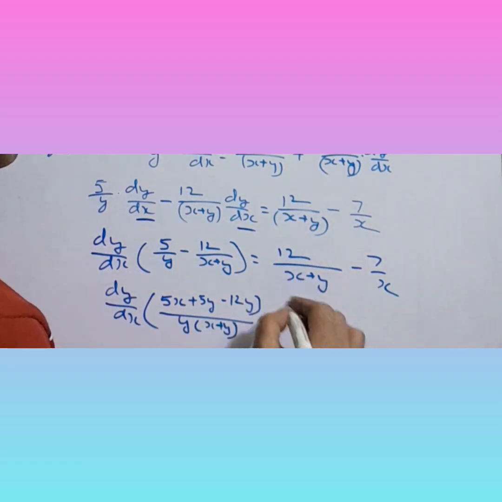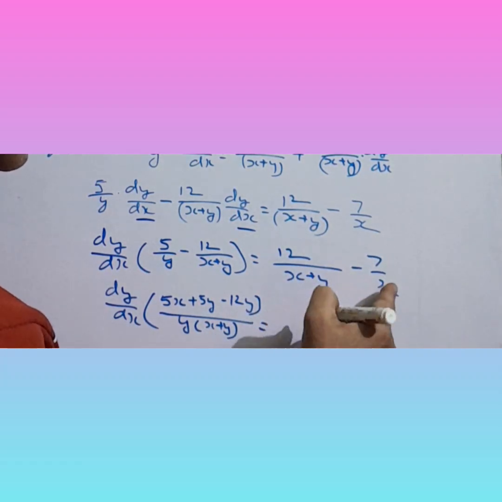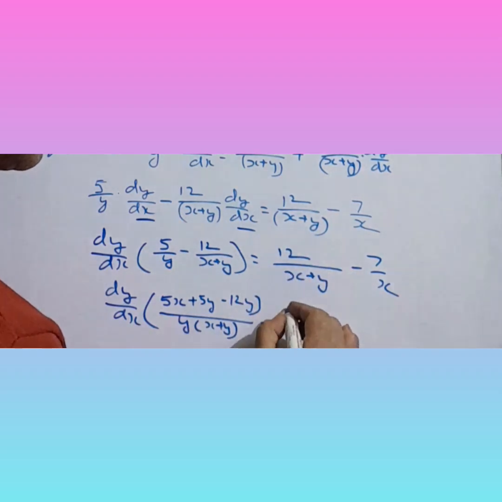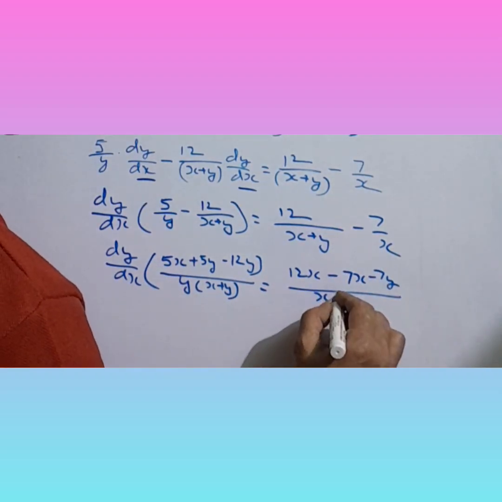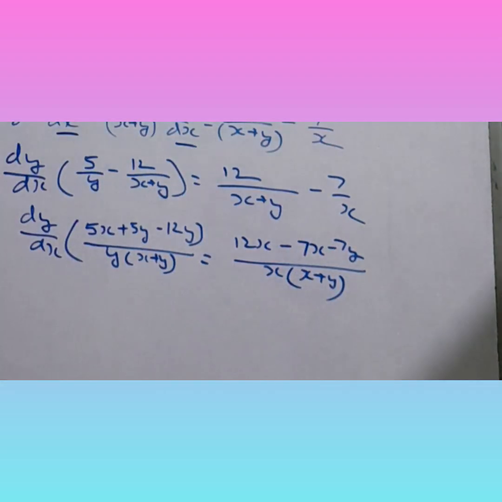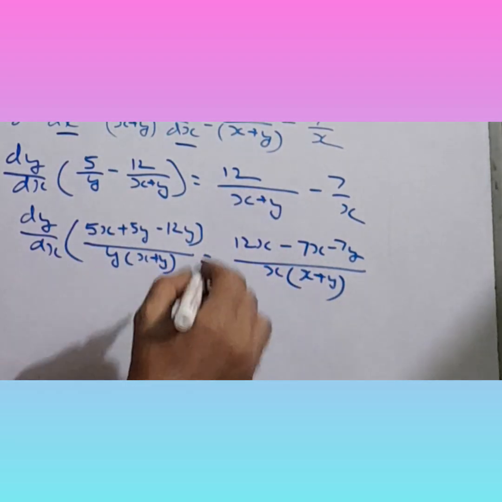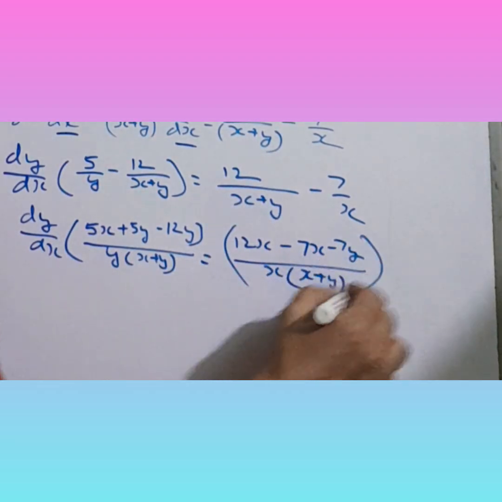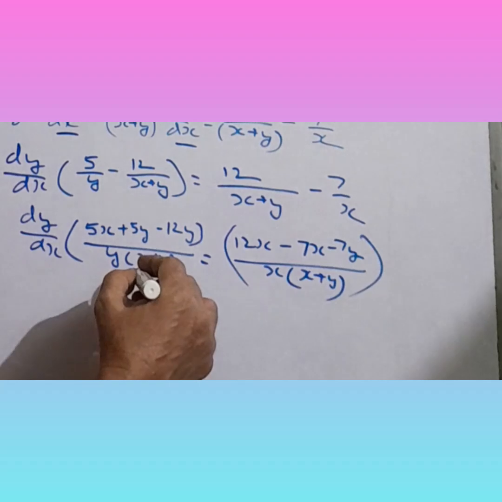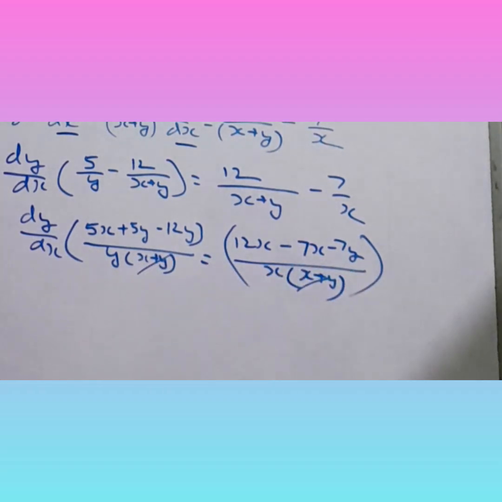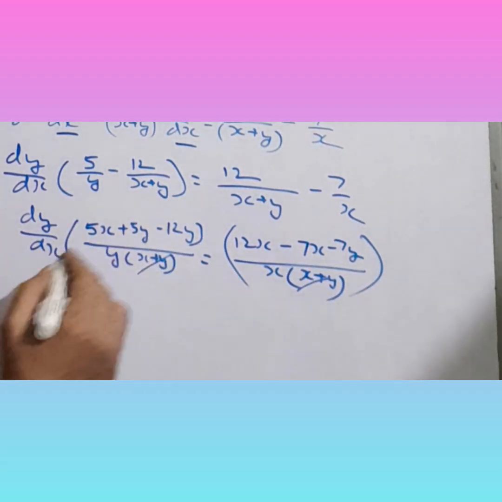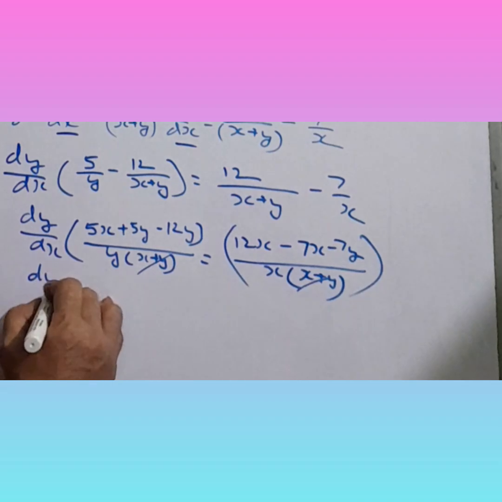Now here also it's the LCM story, so this would multiply with that, and this would multiply with this. You find here this common factor, so this can be easily cancelled.